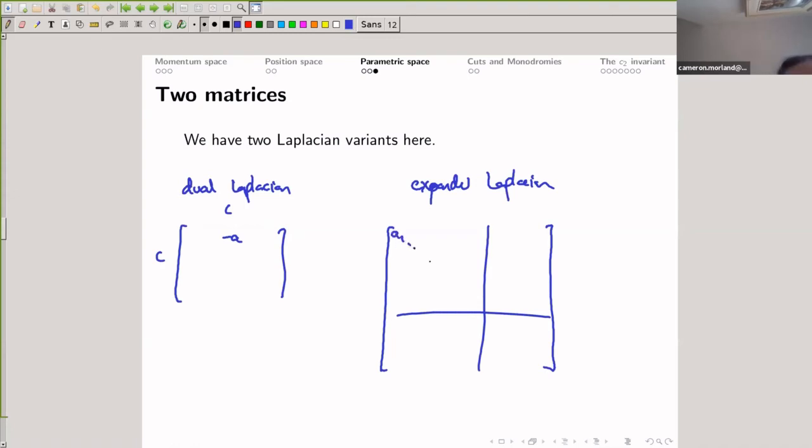But here I want to put the edge variables down this diagonal, so A1, A2, etc., down to A_{size of E}. Make a little diagonal matrix here. Make a matrix of zeros here, and here I'm going to put E transpose, where E is a signed incidence matrix. But I want this to be full rank, so just remove a row.